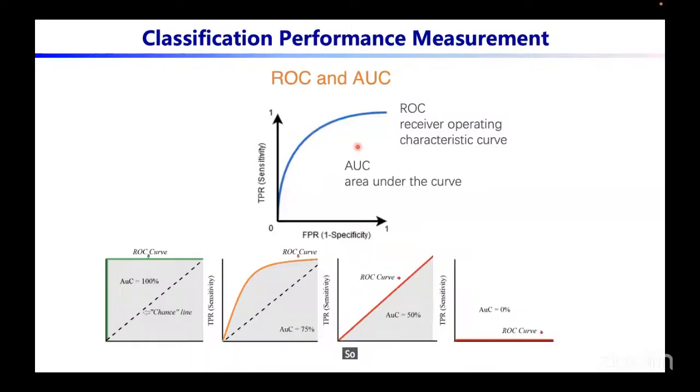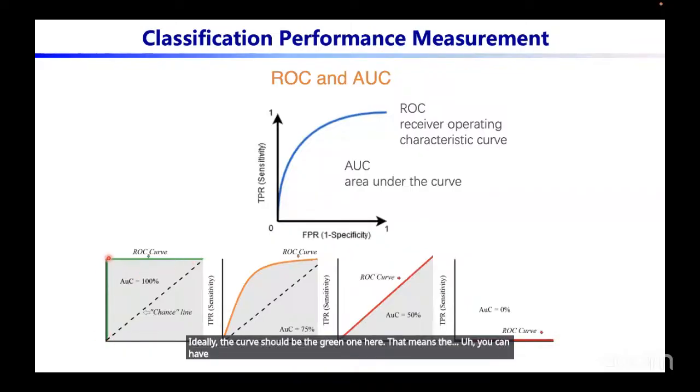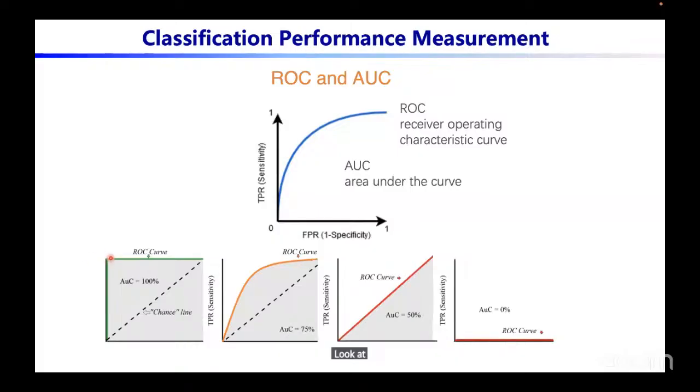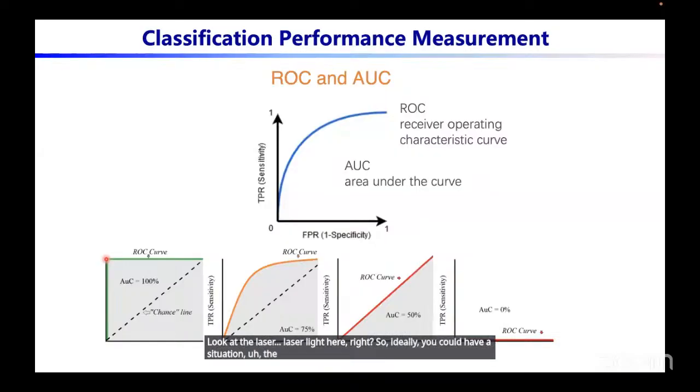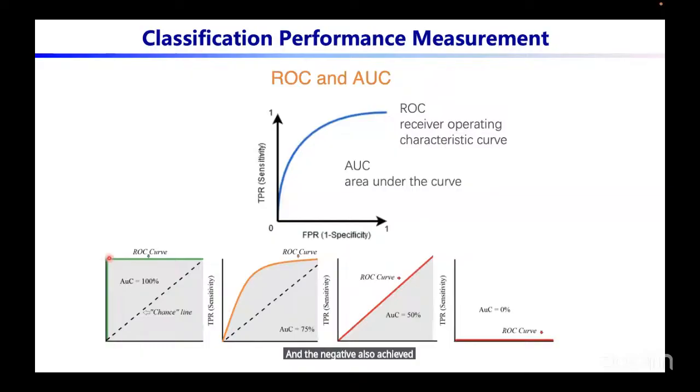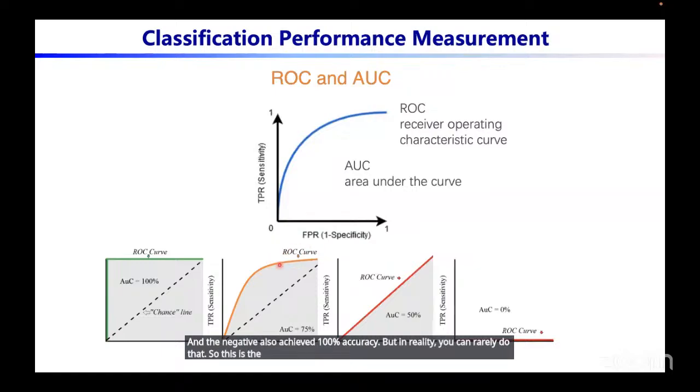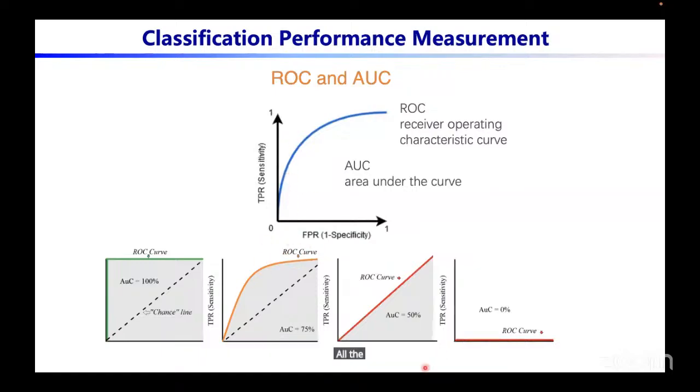So it gives you a curve of the performance. Ideally, the curve should be the green one here. That means you could have a situation where the positive achieves 100% accuracy and the negative also achieves 100% accuracy. But in reality, you can rarely do that. So the blue one is the normal situation.